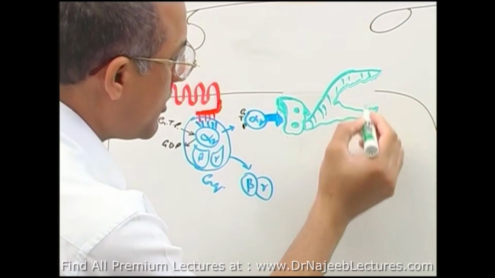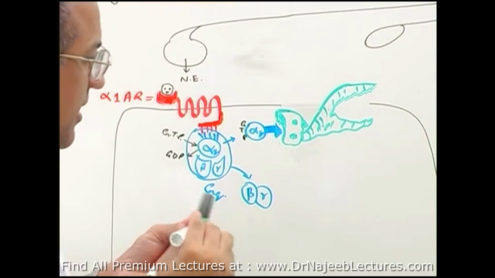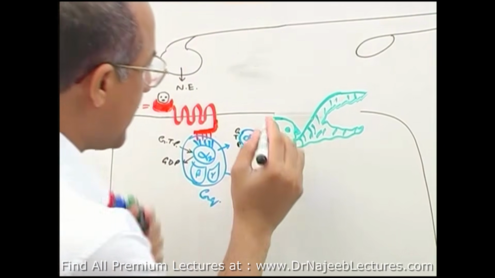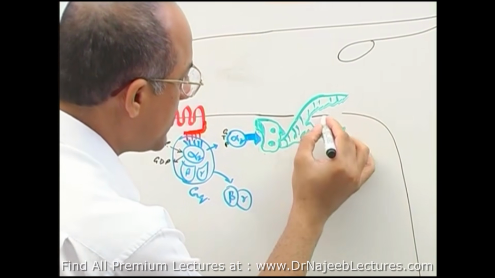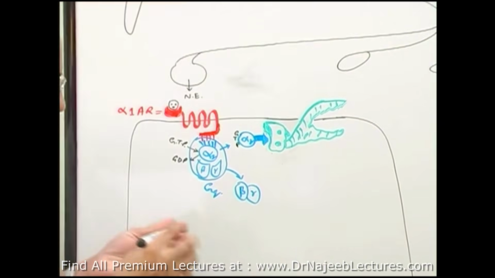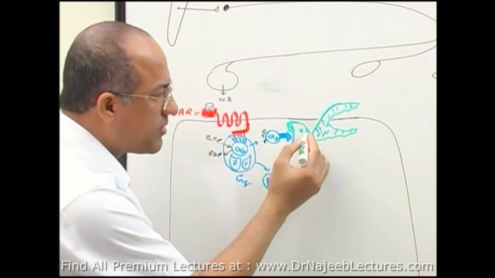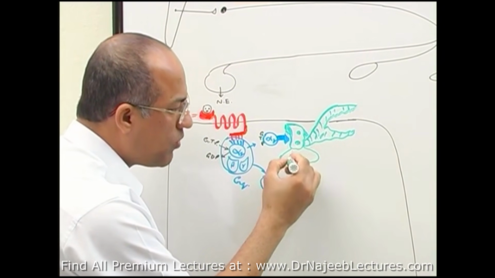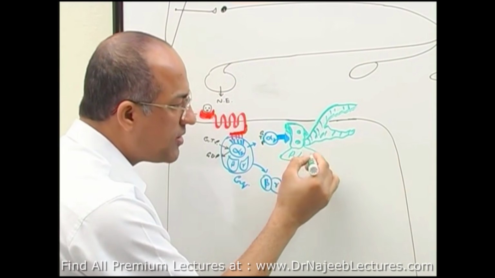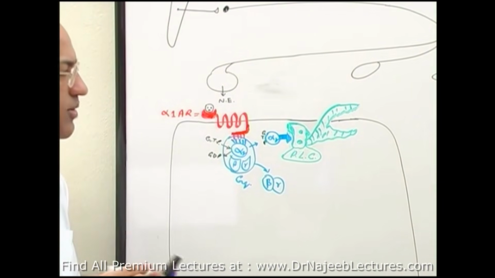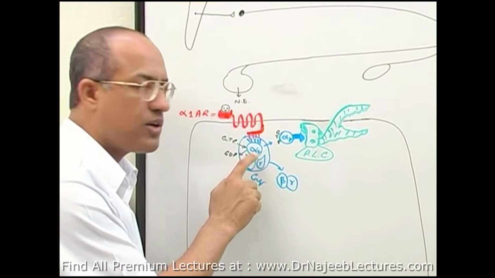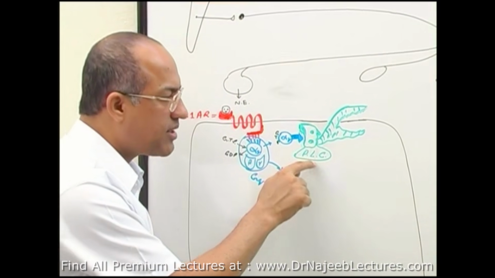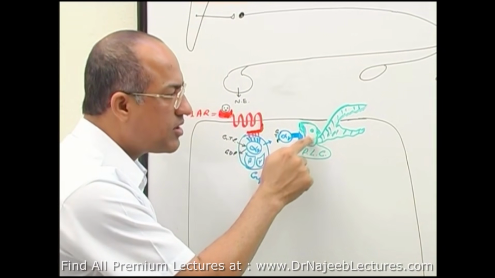This enzyme can attack the cell membrane. When this enzyme is activated, what is the name of this enzyme? Phospholipase C. So actually when GQ is stimulated, the alpha component of GQ stimulates phospholipase C.